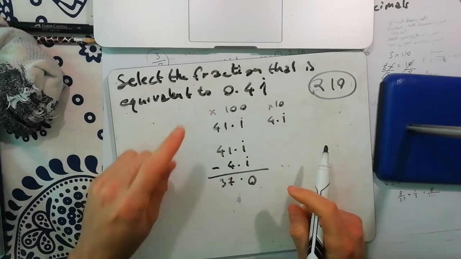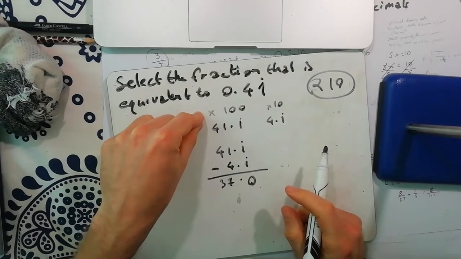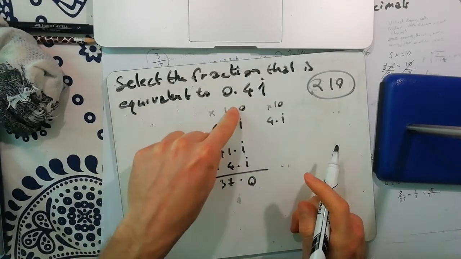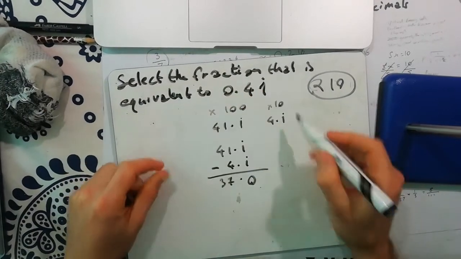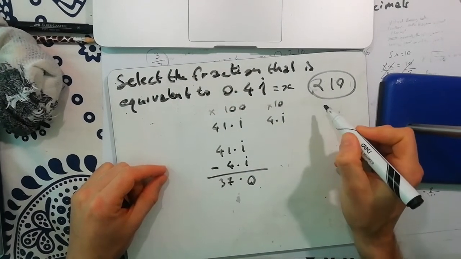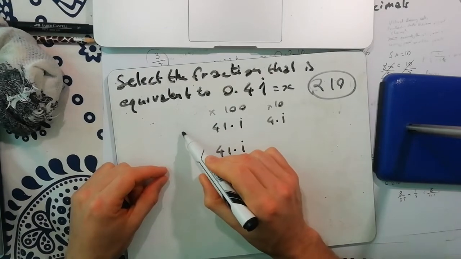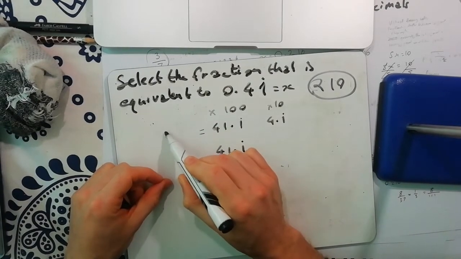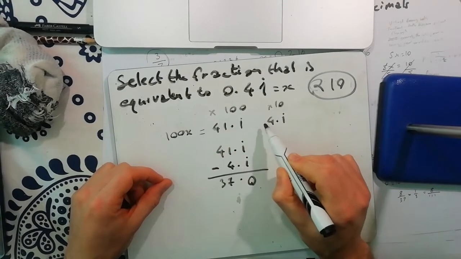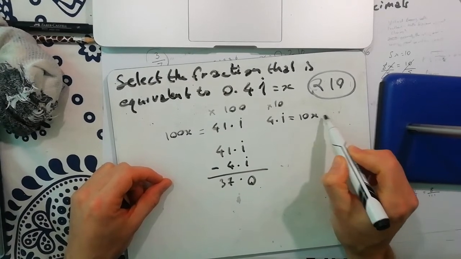So now what we have is 37. Now we have to remember that we used algebra in this. So that was quite useful. If we times this by 100, we started off with x, so we'll call it equals x. That means that this is 100x and this is 10x.